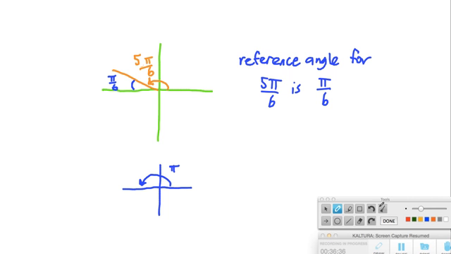So let's do some examples finding the trig functions of any angle outside of quadrant 1. Reference angles are probably the easiest way to do this. So let's get going.